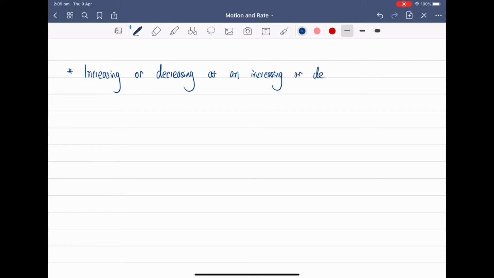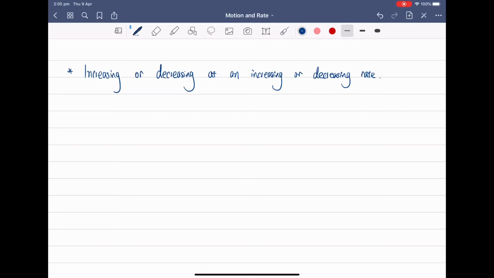It's like you can increase your speed at a decreasing rate. So acceleration is like slowing down, but your speed is still increasing, all right? It's not increasing at an increasing speed, but it's increasing at a decreasing speed. It's a bit confusing, but later I want to start to do the questions so we understand a bit more about that, okay?